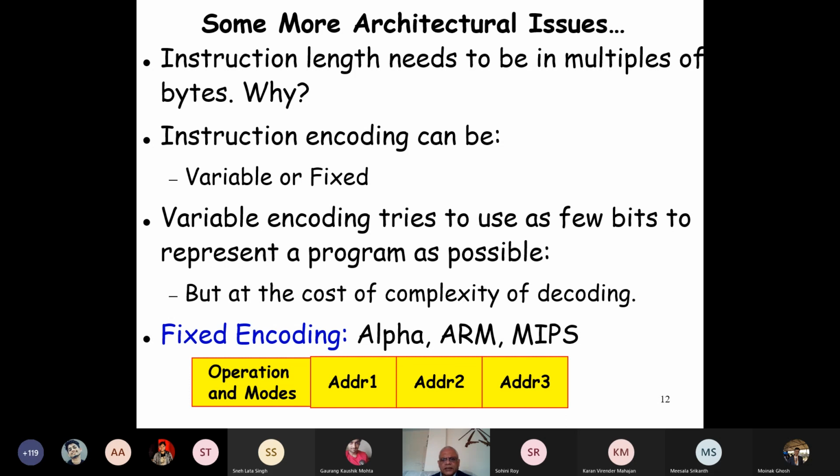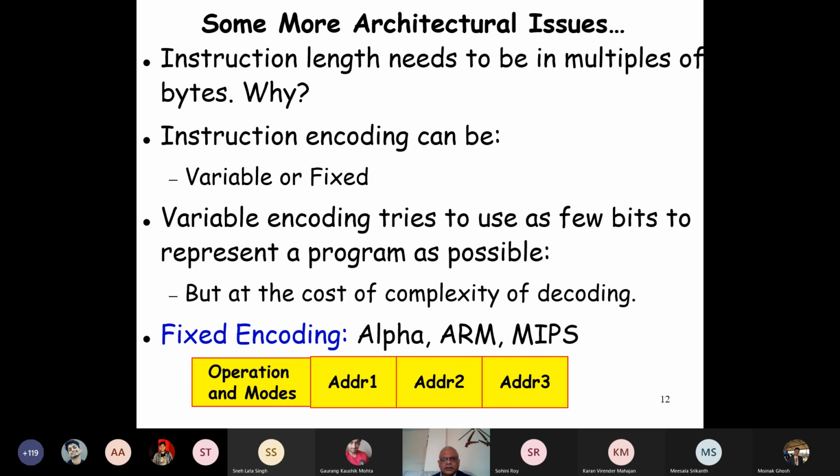Now let's say your instruction length is 9 bits. You will have to do 2 read operations to get it, and for 1 bit, you have to do 1. So it becomes very inefficient.